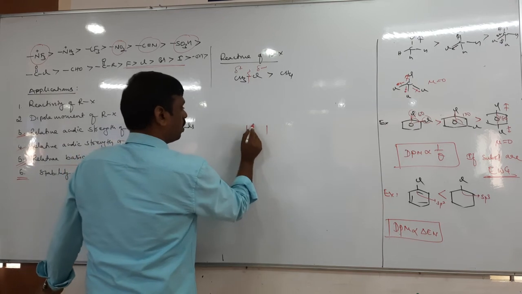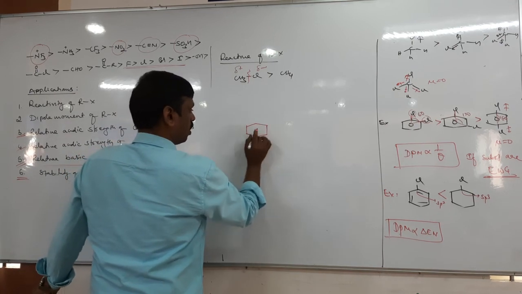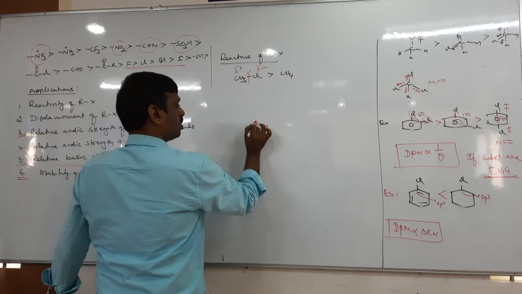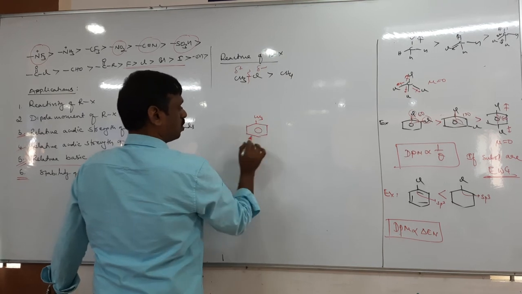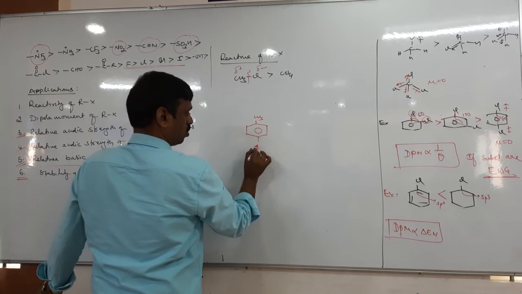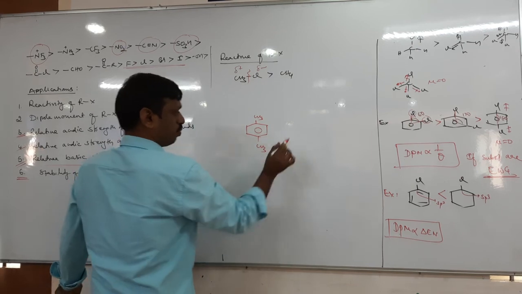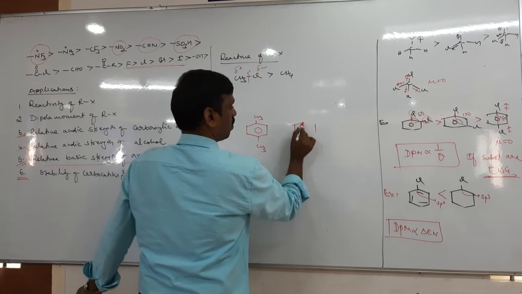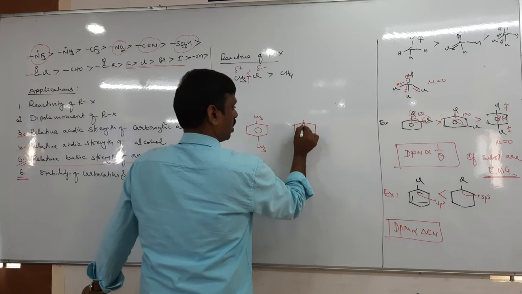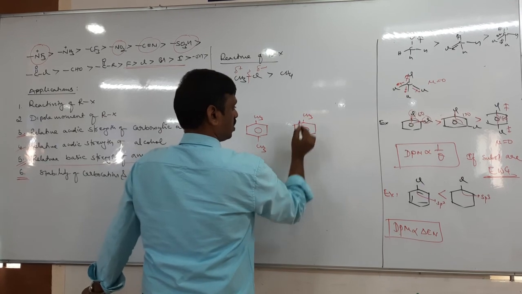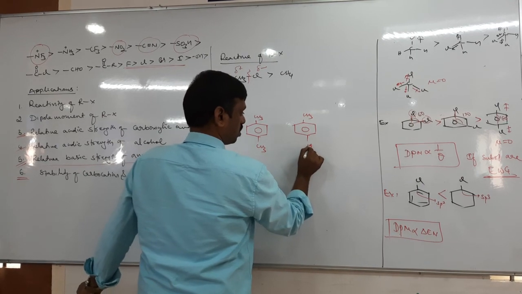For example, if there is a methyl group here, okay, it is also a methyl group. Okay, it is a methyl group here, it is a chlorine.